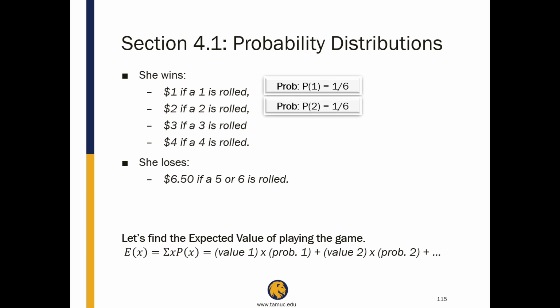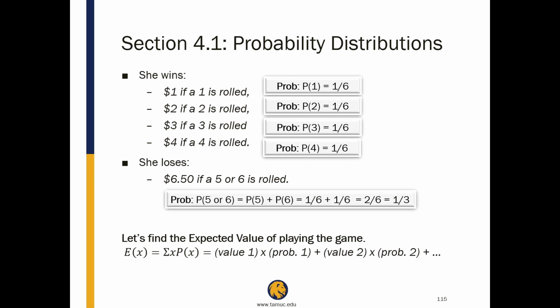The probability of rolling a 2 is also 1 out of 6. The same for rolling a 3 and rolling a 4. However, probability of rolling a 5 or a 6 can be calculated by taking the probability of 5 plus the probability of a 6. So 1/6 plus 1/6 gives us 2/6 or 1/3 probability of rolling a 5 or a 6.